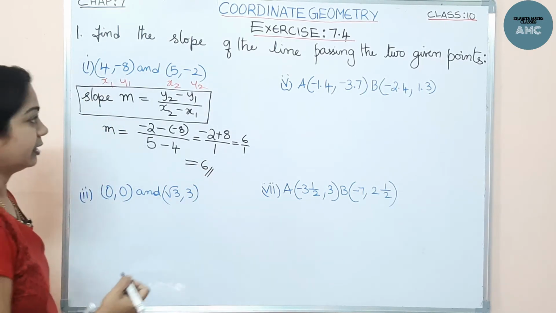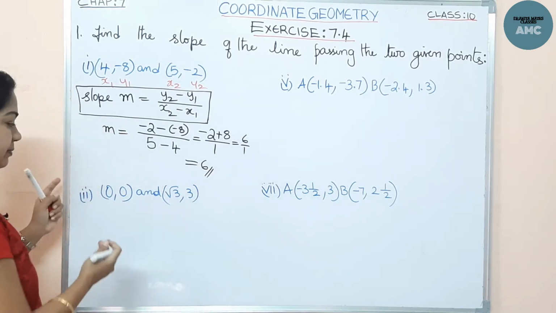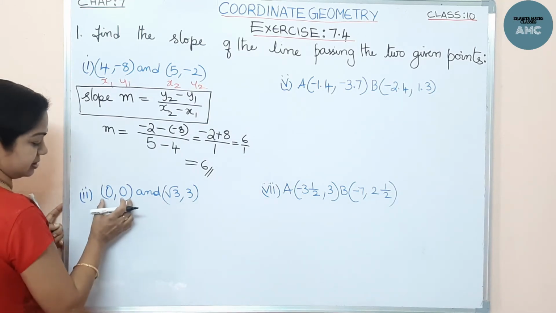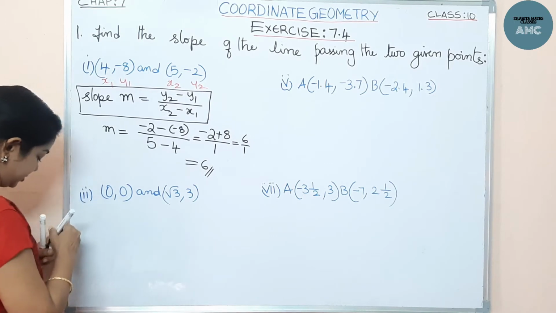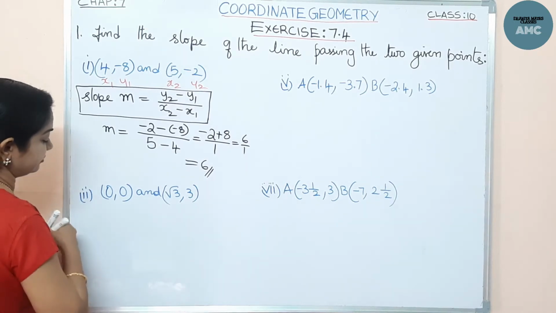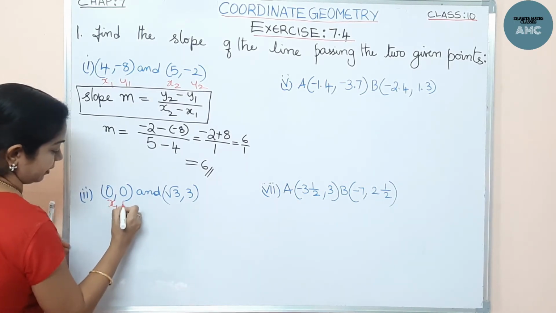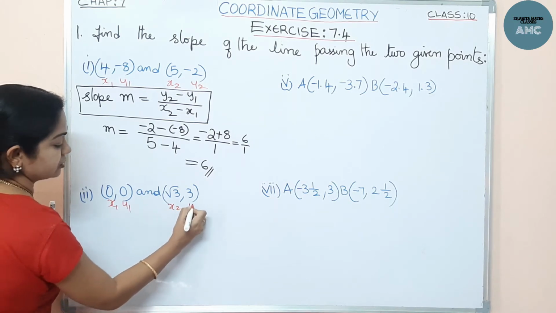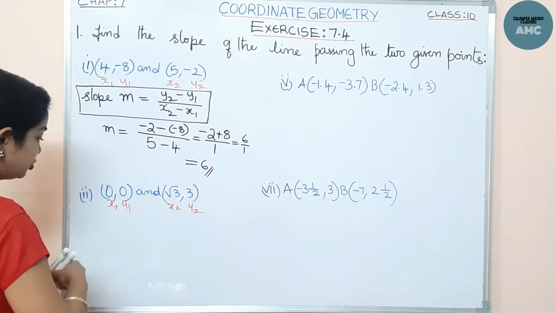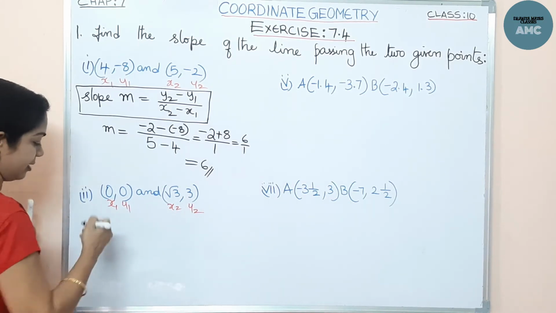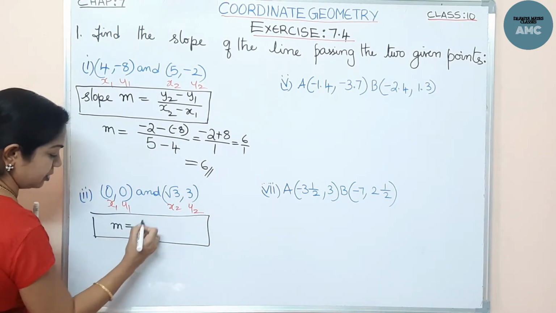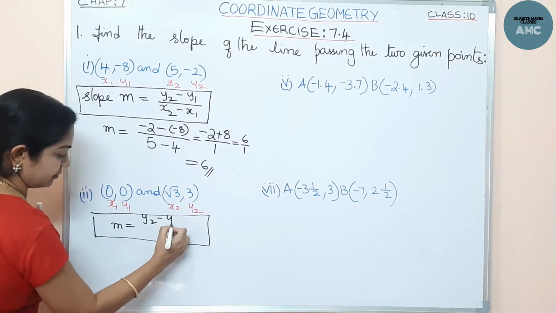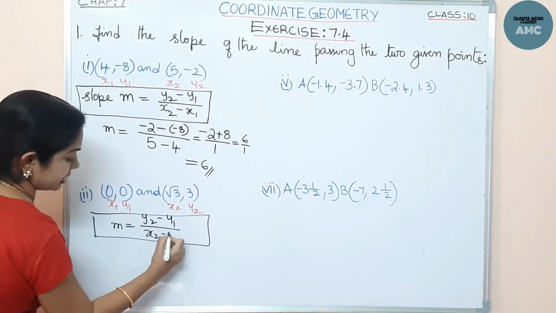Now the second problem I have noted down: 0, 0. That means this is the origin and this is the next point. Let us suppose this as x1, y1 and this as x2, y2. Always write the slope formula. Slope m equals y2 minus y1 by x2 minus x1.